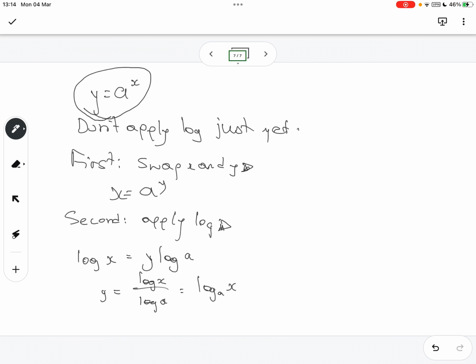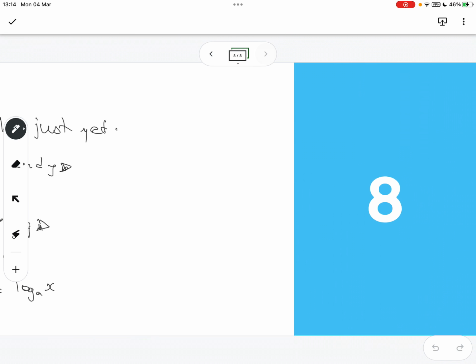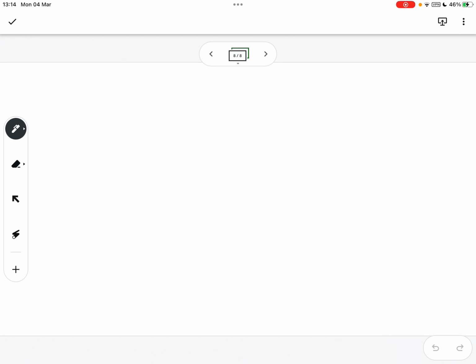Yeah, so you are correct. We do have to apply swapping x and y, but first we look at our expression, and if it's given in the form y equals something to the power x, then we must find the inverse. Then we start by swapping x and y. For this type of problem though, we're not looking for a function like 5 squared equals 25, so we don't have to swap anything there.